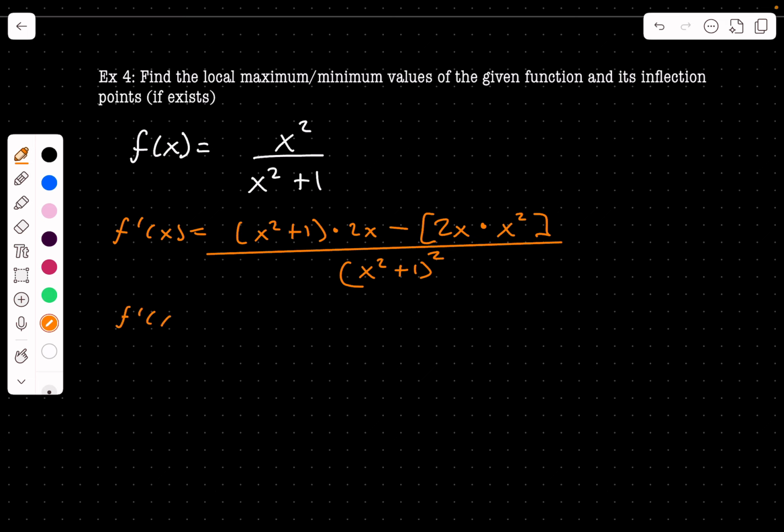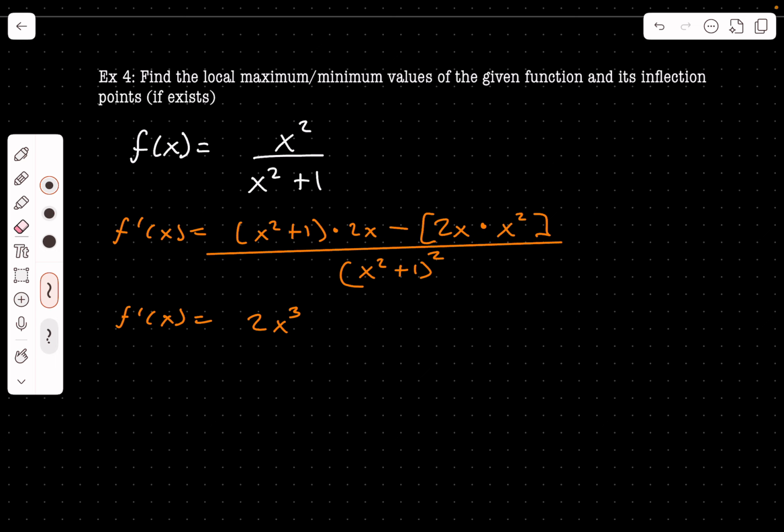Now let's simplify this. We get 2x to the third. Actually, do I want to do that? Yeah, let's do that. I'm just trying to look into the future real quick.